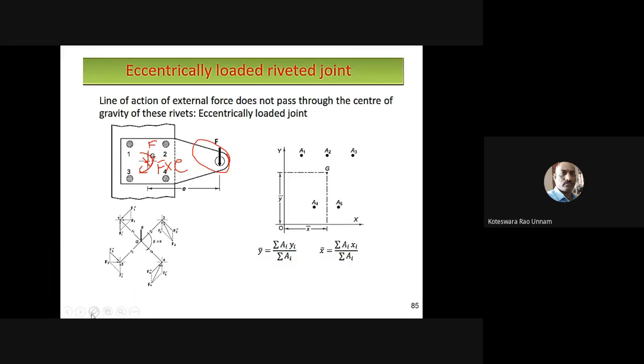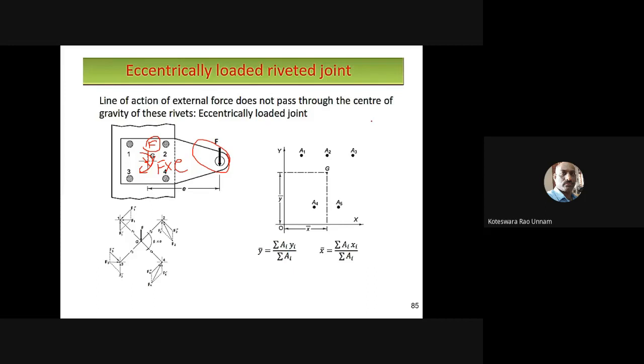So now I want to see what is the effect of these two on the rivets. This force will create what type of stress? And this twisting moment is going to create what type of stress? So for that, first if I take this force, this force is going to act at the center of gravity.